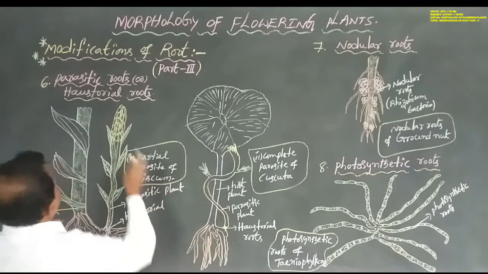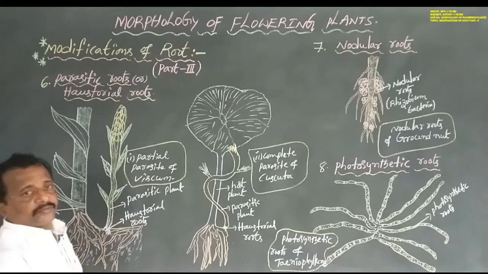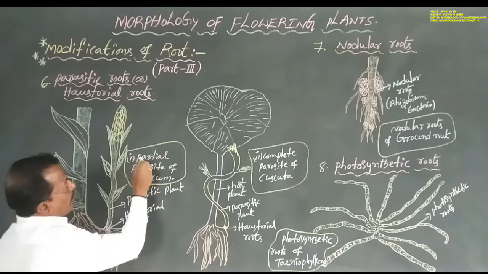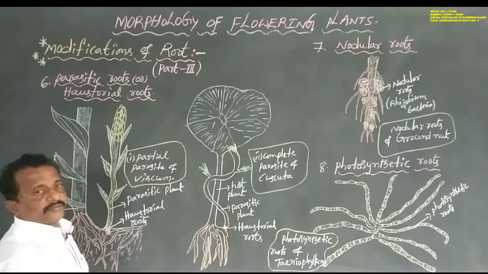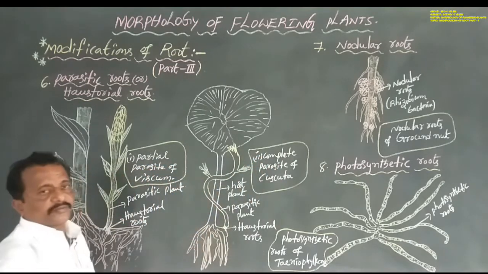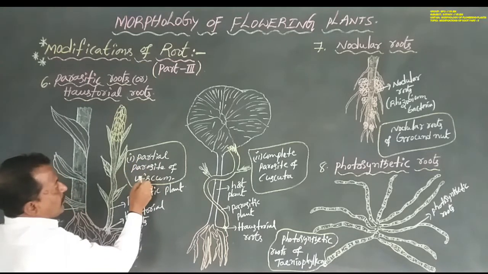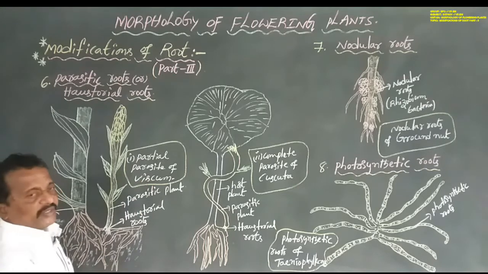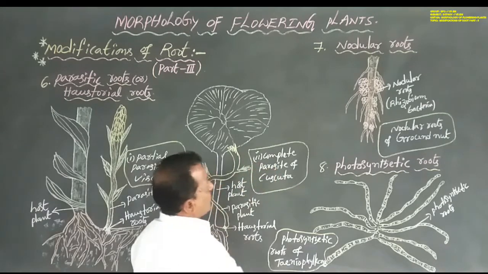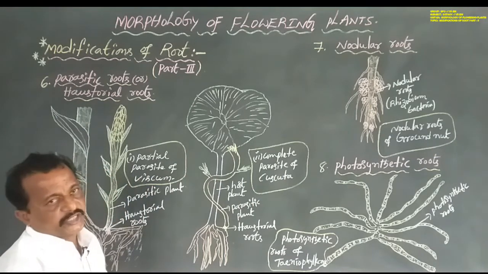Likewise, parasitic roots or haustorial roots are of two types: partial parasitic roots and complete parasitic roots. For partial parasitic roots, the best examples are Viscum and Striga. For complete parasitic roots, the best examples are Cuscuta and Rafflesia.